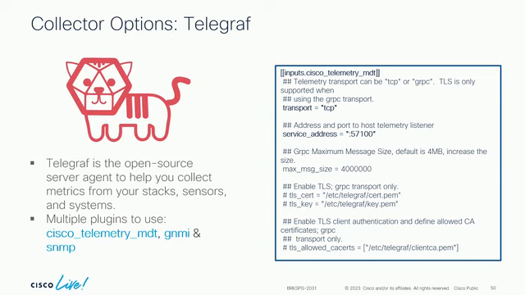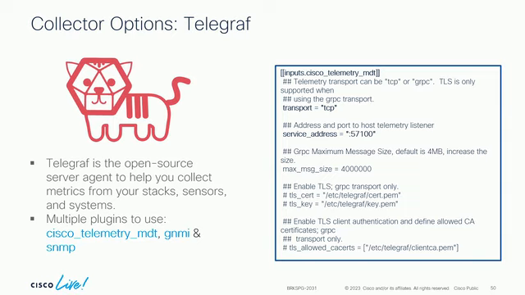And when you start with transport, you use either TCP or gRPC. If you're doing dial-in, you can use this service address for the box, so it will be just the port for the router to communicate to.